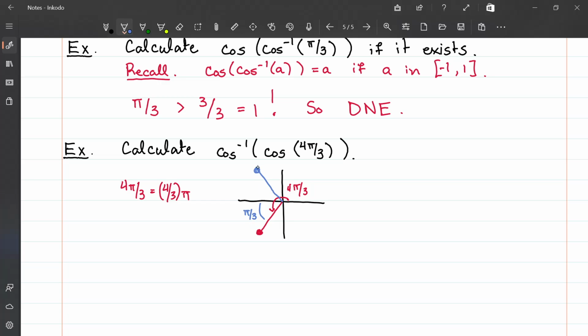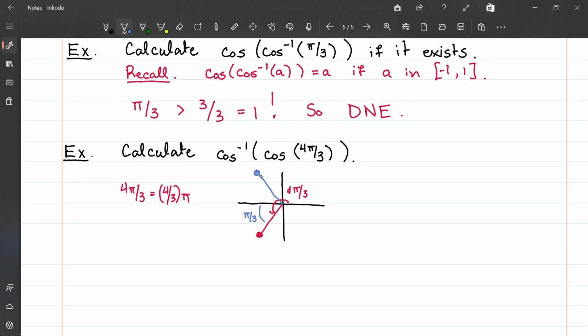Is there any change to the x-coordinate? No. The x-coordinate for this blue point is exactly the same as the x-coordinate for this red point down here. In fact, if I were to start calculating, you'd very quickly find out that if I take cosine of 4 pi over 3, or cosine of whatever this blue angle is, I will wind up getting exactly the same answer.